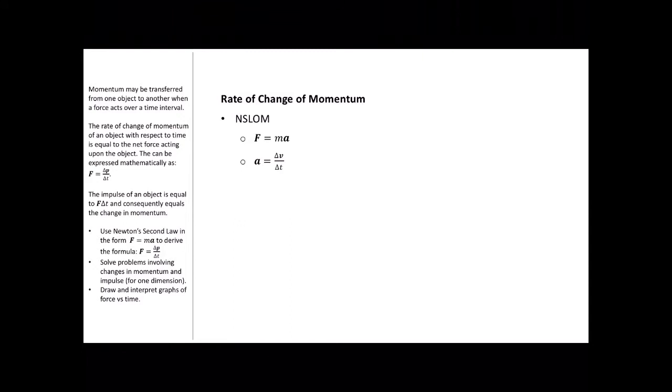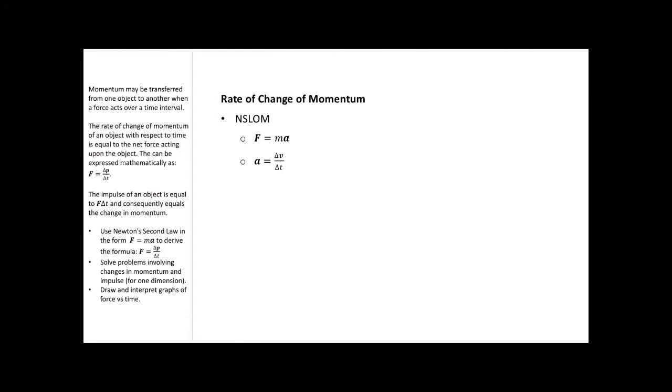This can be expressed mathematically as force is equal to the change in momentum divided by the change in time. The impulse of an object is equal to force times the change in time, and consequently is also equal to the change in momentum.